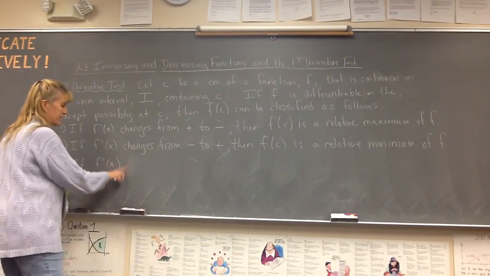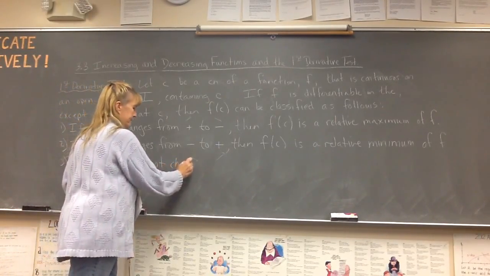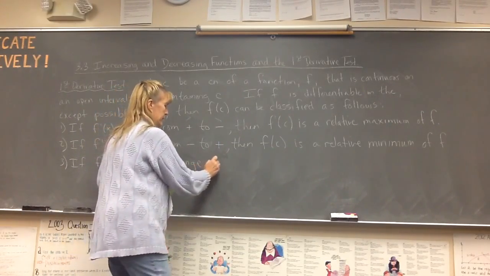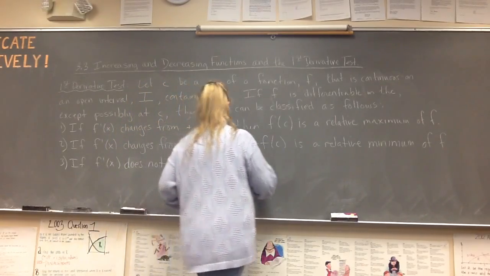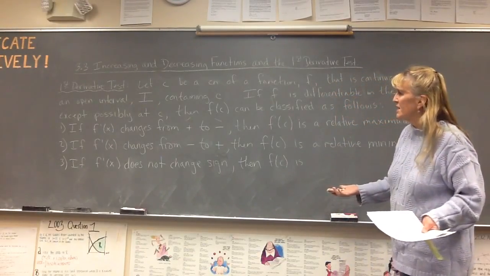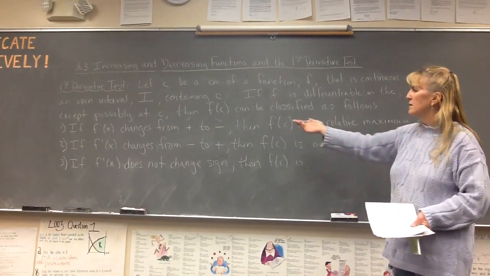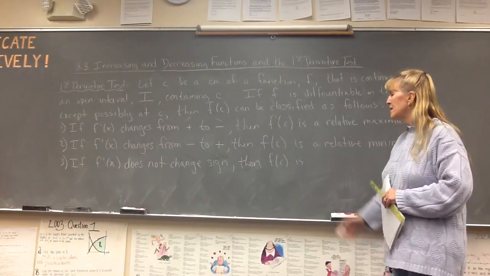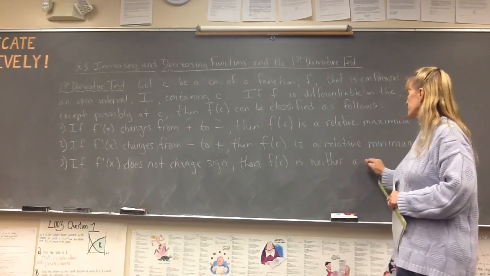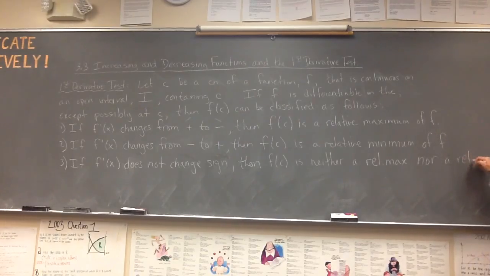We'll say if f prime of x does not change sign, then f of C, well, if it's not changing sign, can't be a relative max, otherwise we change from positive to negative. Can't be a relative min, otherwise f prime would be changing from negative to positive. So all we know is that f of C is neither a relative max nor a relative min.